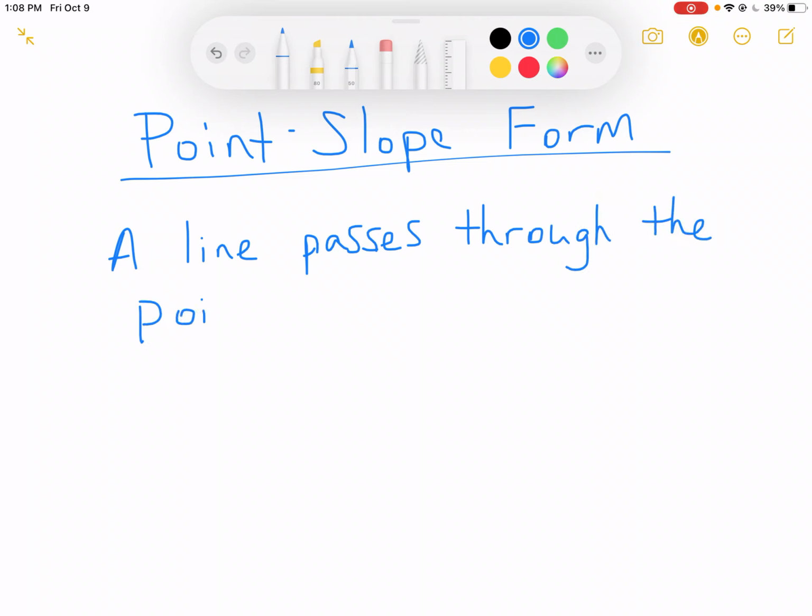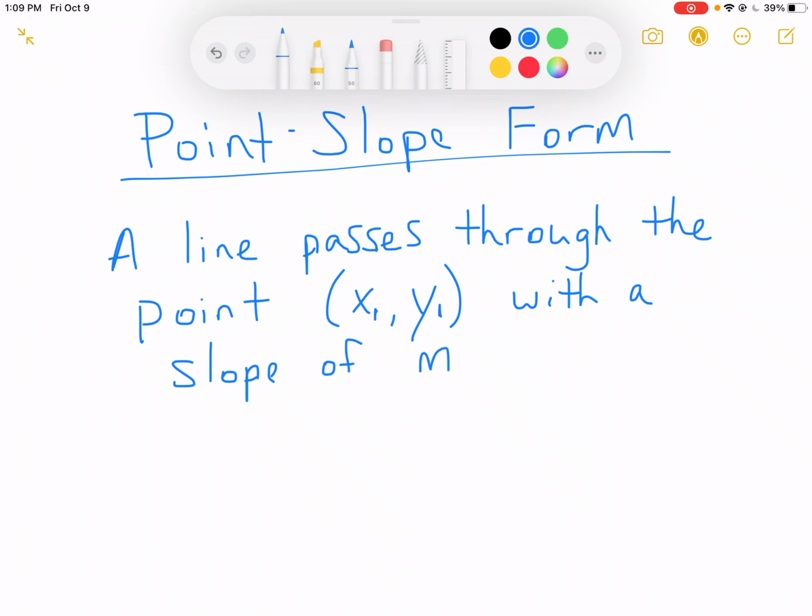And so for my first example here, we're just going to use a very generic example, okay? So we're going to say a point that's x comma y, and we'll even go further and say that it's x1, y1, right? So a line passes through this point with a slope of, we'll say, m, right, for slope.